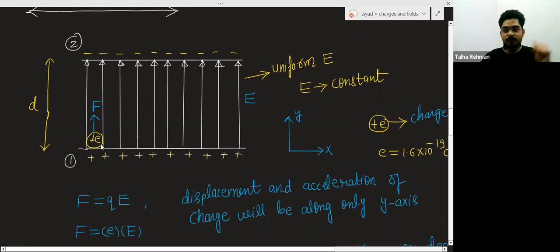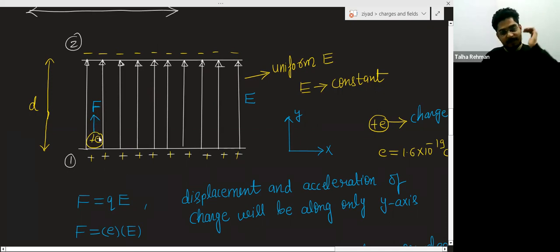We know that whenever a charged particle is in an electric field, it will experience some force. So you have placed a charged particle here. Now on this charged particle there will be a force, and this force will be the electric force.